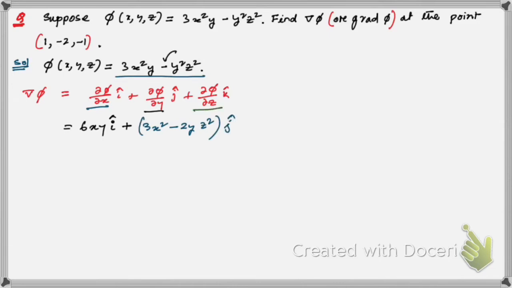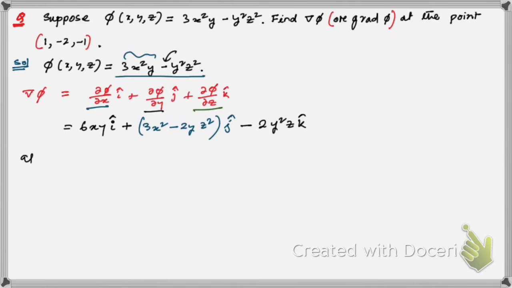Then similarly we find the partial derivative with respect to z. The first term doesn't contain z, so its partial derivative with respect to z is 0. So we have got minus twice y z k cap. Hope you have understood how to get the partial derivative.